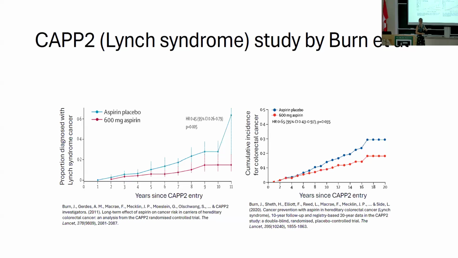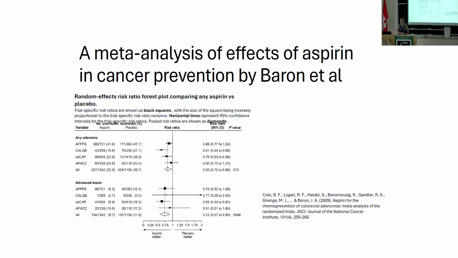These were people born with this microsatellite instability gene inactivated. So they are predisposed to develop colon cancer. And you can see here, this is placebo, and the red is aspirin. The incidence of developing colorectal cancer was significantly reduced in those who took aspirin. And this effect was observed for some years, right? And there were several trials like this.